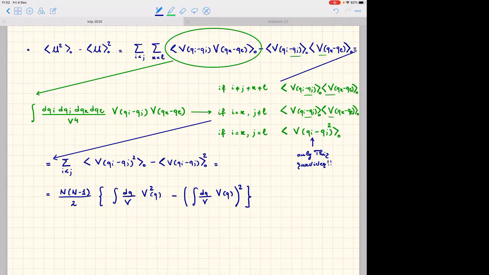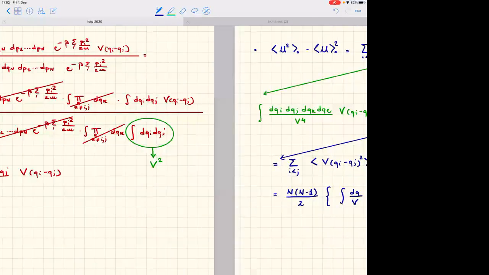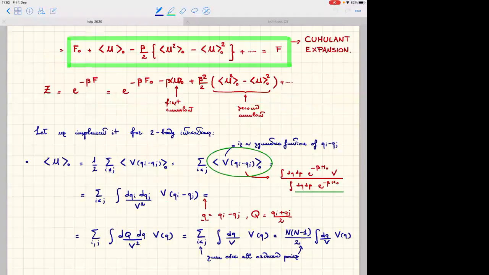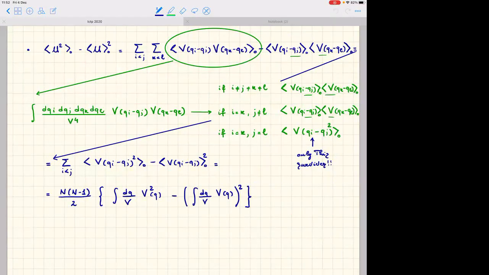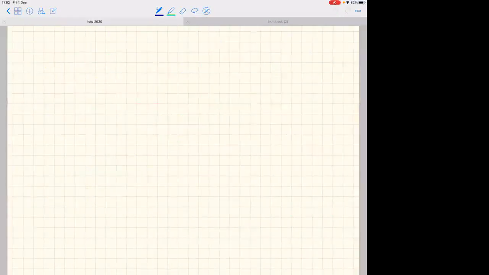Okay, so it's clear that in order to compute this cumulant expansion, the average of u is this integral dq V of q. The fluctuations will require me to compute the average of V of q squared. So let us work out an example.